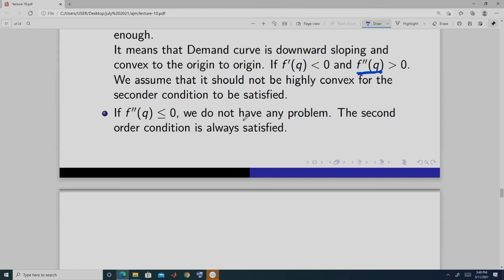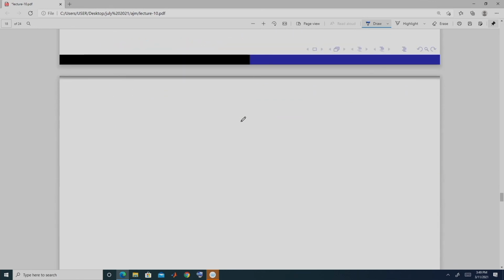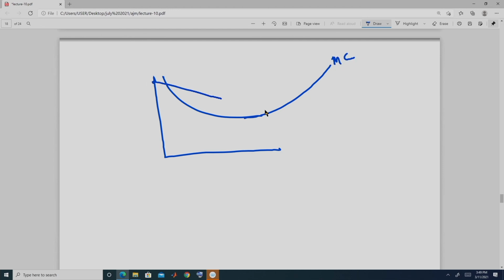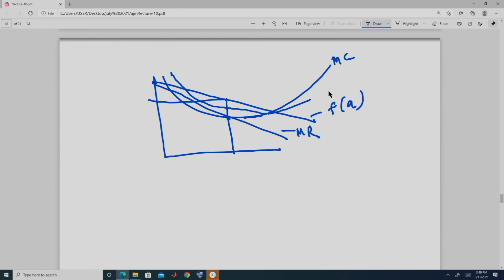So, this is the importance of the second order condition. Mainly, the second order condition allows us to say that if our marginal cost curve is like this, this is demand, this is marginal revenue, and this is the average cost, then this is never going to be the optimal output.